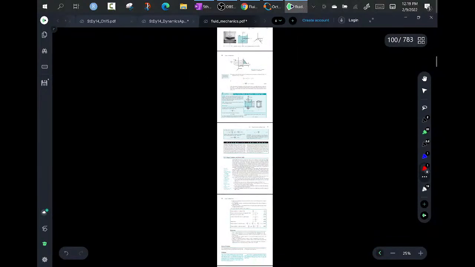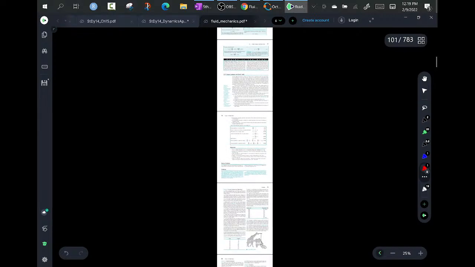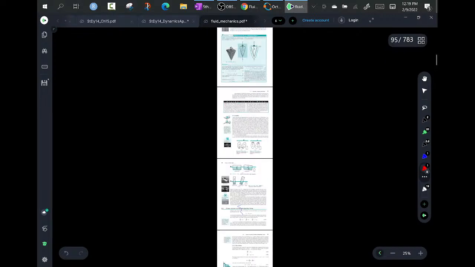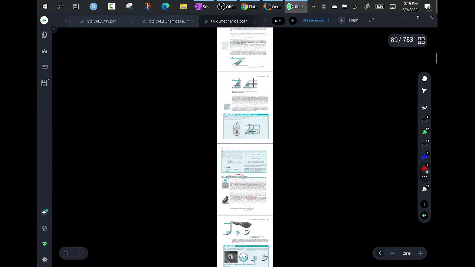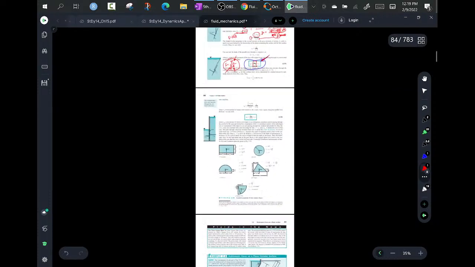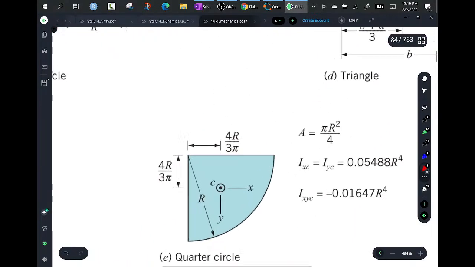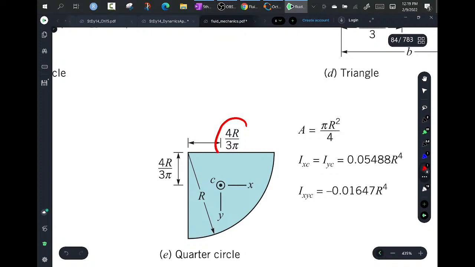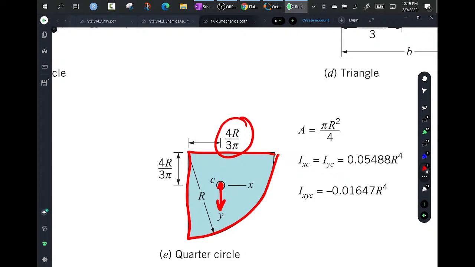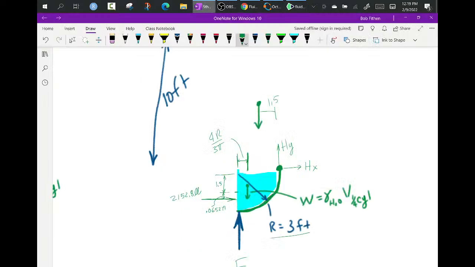I may have to zoom out so I can find it. Okay, there we go. This is the centroid of that location. If you had a homogeneous body like this with a certain weight, its weight would be located at the centroid, 4r over 3 pi. So here's your 4r over 3 pi.